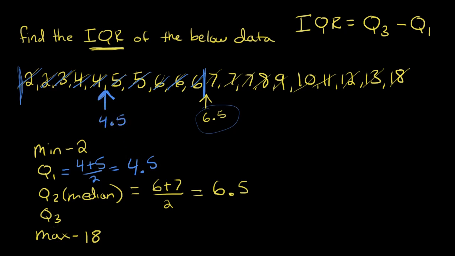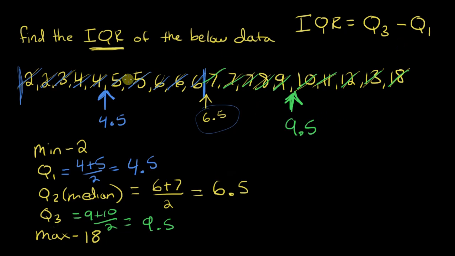And let me change my color once again. Now to find the third quartile, I'll start at the 7, then the 18. 7, 13, 7, 12, 8, 10, 9, 10, and once again, I lined up directly between 9 and 10. So just average 9 and 10, and I get 9.5. Now I'm ready to find the interquartile range.